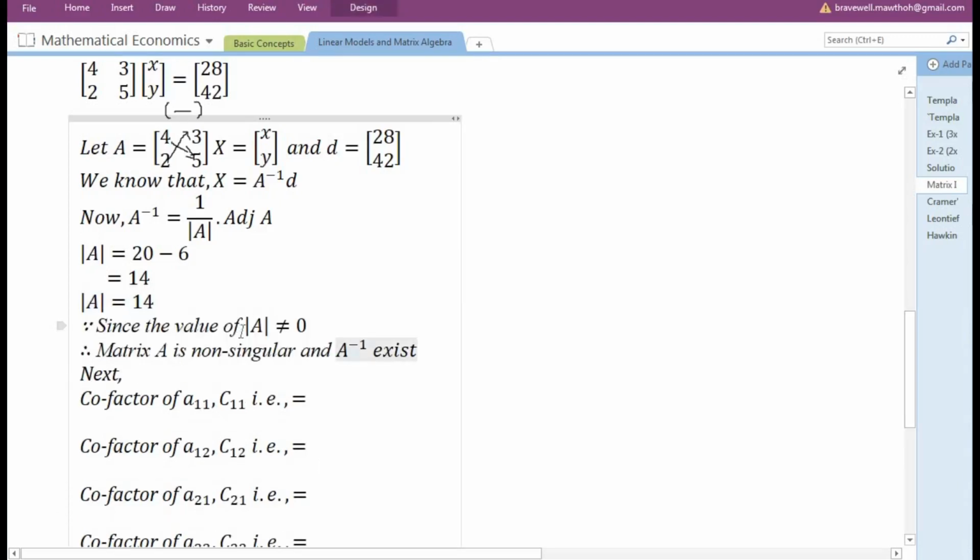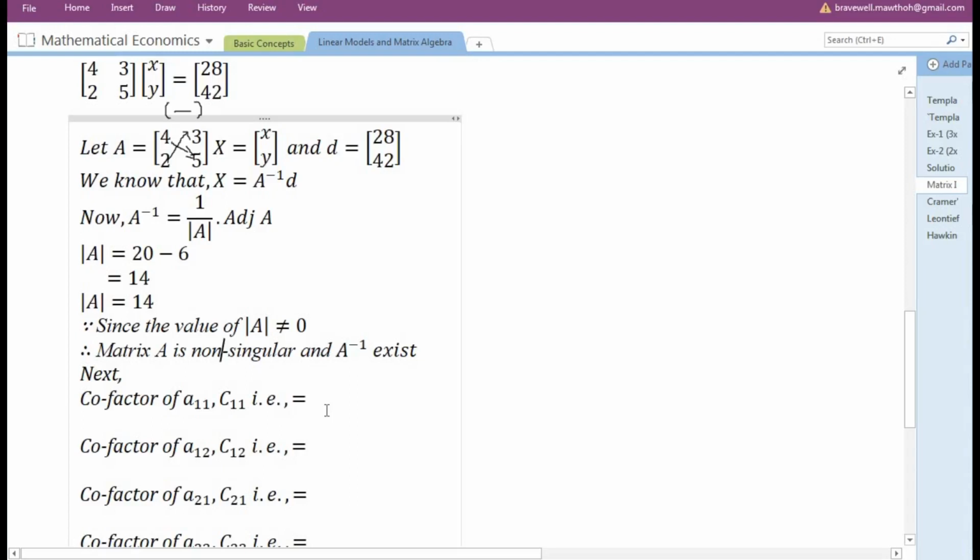We have to write, since the value of determinant A is not equal to 0, matrix A is non-singular and A inverse exists. Again, remember, there are 4 steps in finding the inverse of a matrix. The first step is finding the determinant, which we have completed.